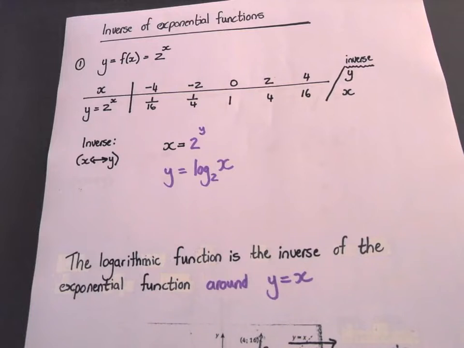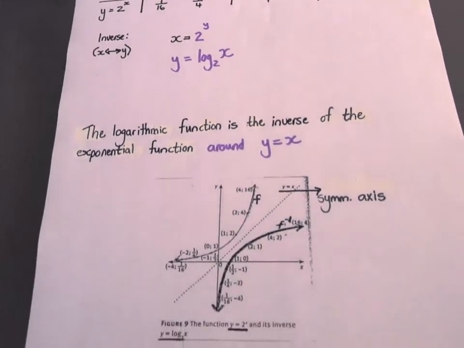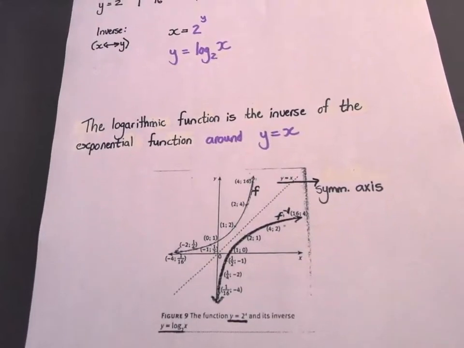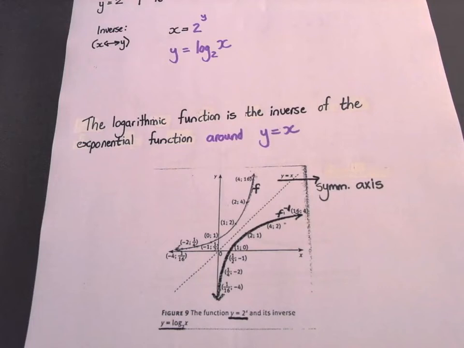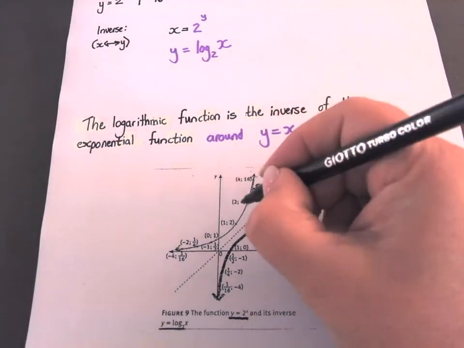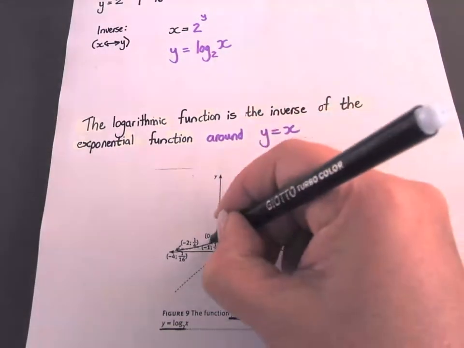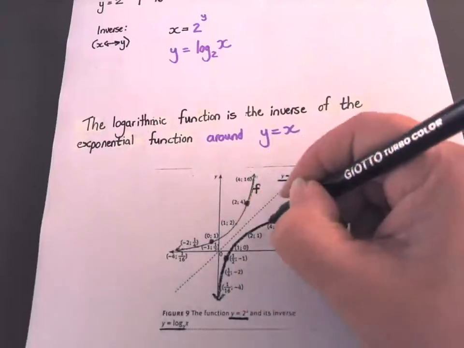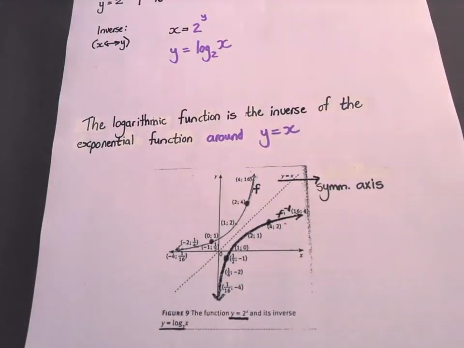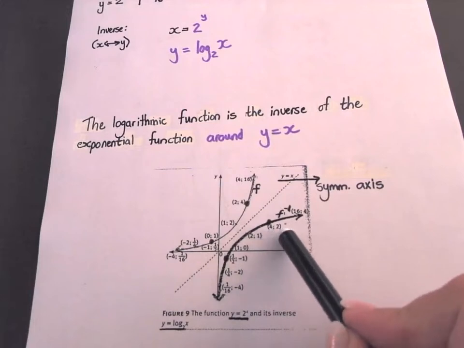Now if you draw them, only draw the graphs, and then you just point, let's say, 2 coordinates which you swap, so that you can see that the inverse actually swaps the x and the y's.